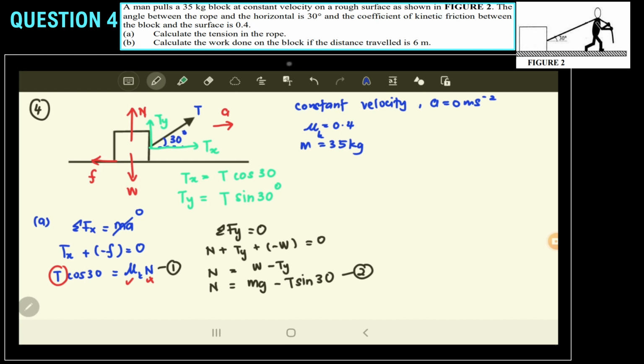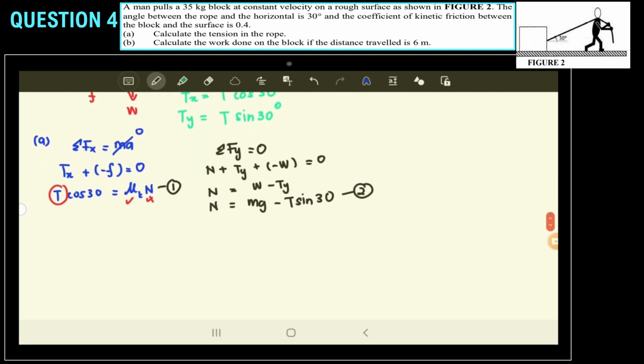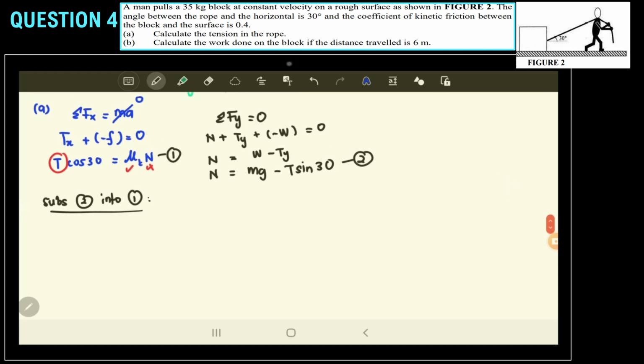Now let's substitute equation number 2 into equation number 1. So T cos 30 is equal to mu k N, where N is equal to mg minus T sin 30.